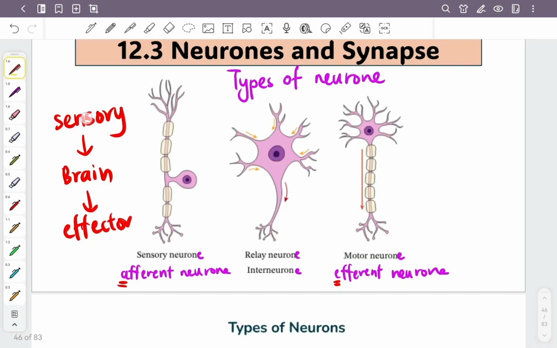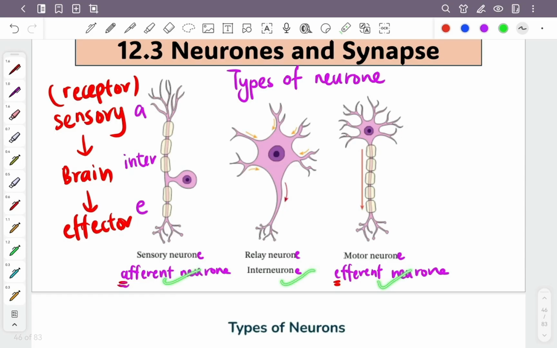So the sensory is actually the receptor. Okay, so you remember A comes first, then this one is E, efferent neuron. Then in between, we use the word inter. So here you have the afferent neuron, interneuron, efferent neuron, or sensory neuron.